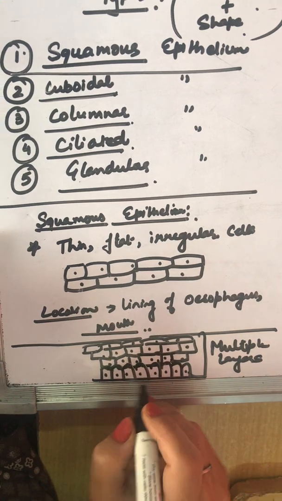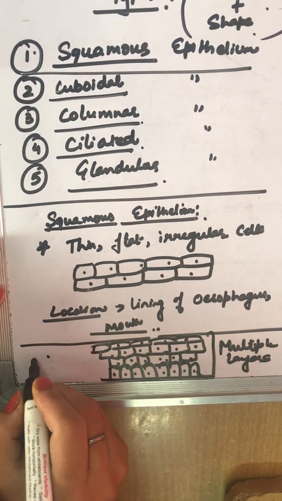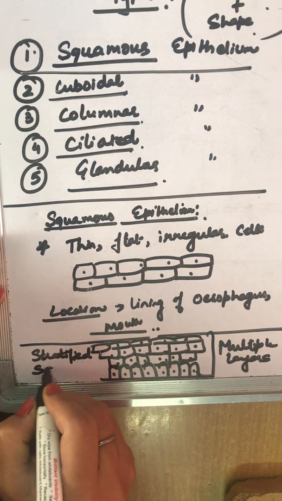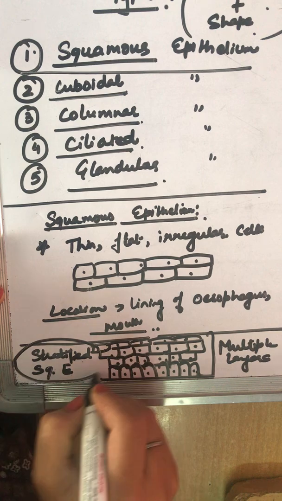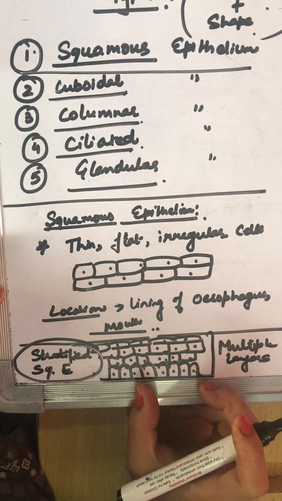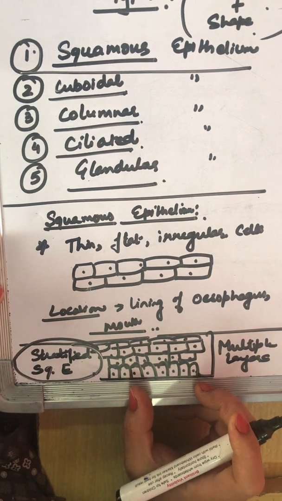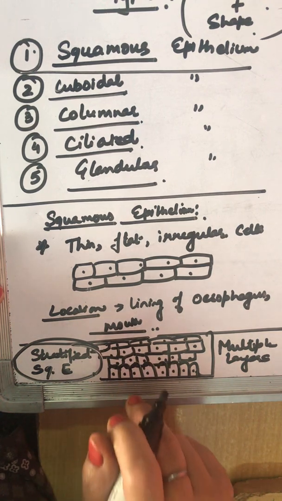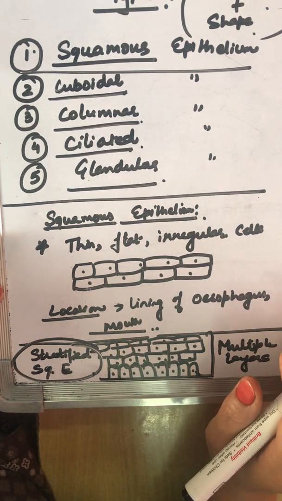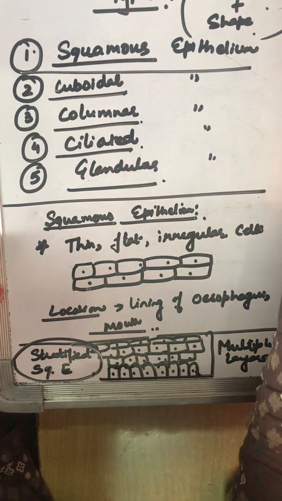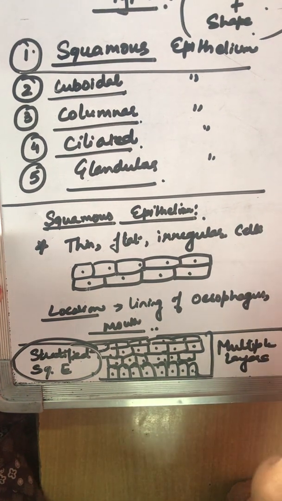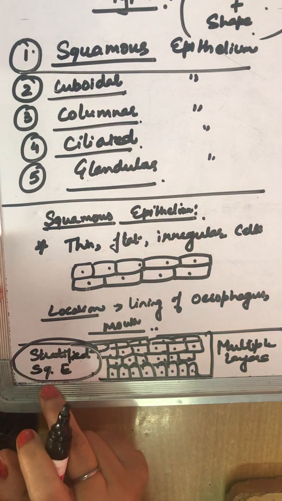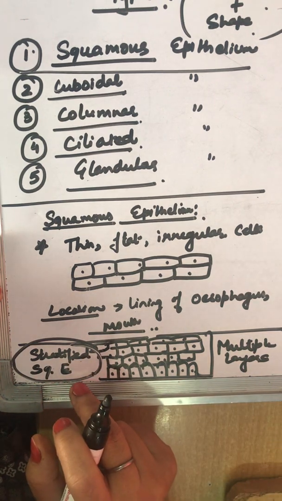And what do we call it? Stratified squamous epithelium. Why? Because here it is acting as a protective tissue. Protection of the skin from wear and tear, any kind of injury, any mechanical problem, or chemicals. That time it is known as stratified squamous epithelium.